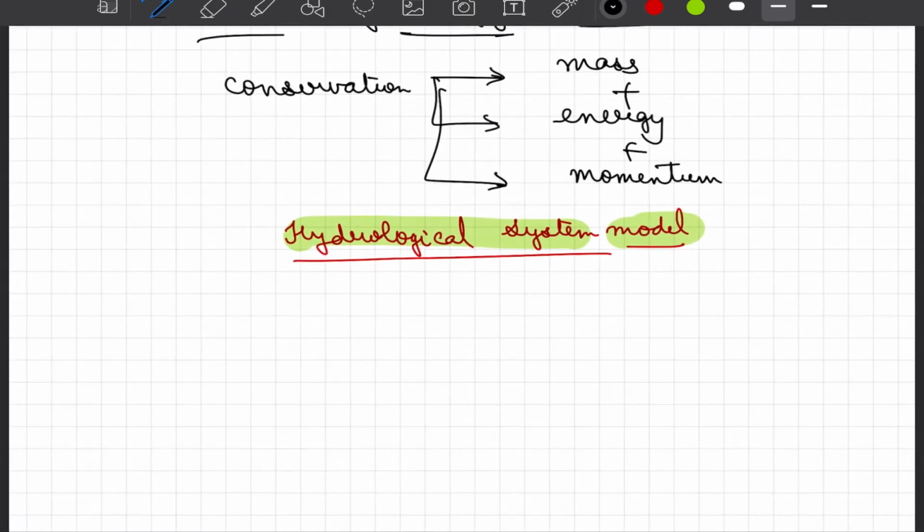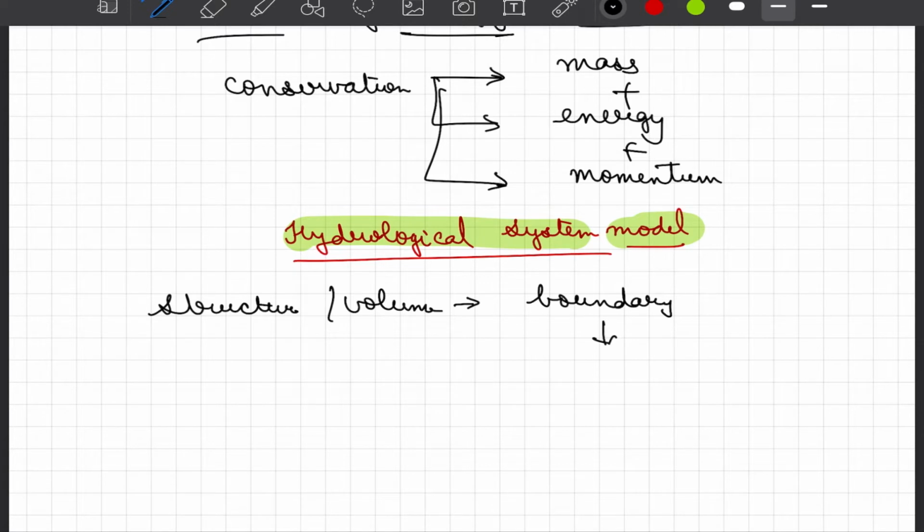Now, in the context of hydrology, we define a system, or a hydrological system, as a structure or volume that has some finite boundary, and this boundary will take some input in the form of water, energy, air, and do some manifestation on it. So some water may go as groundwater, some will stay intercepted, some would be retained by crops, and so on.